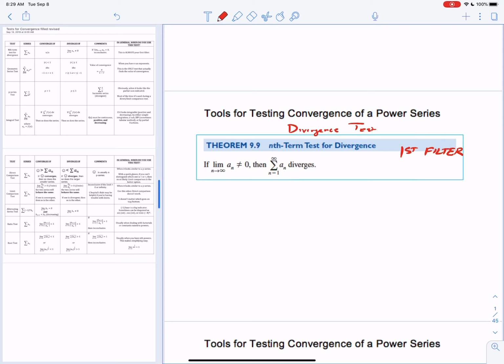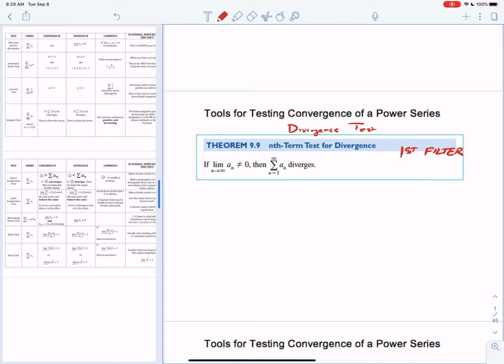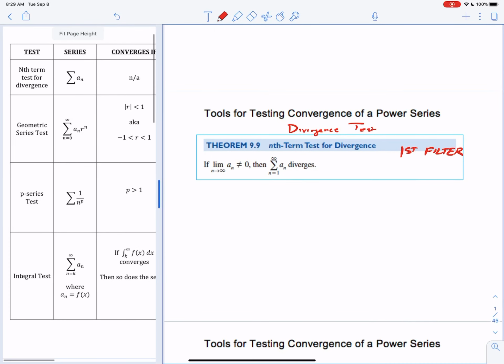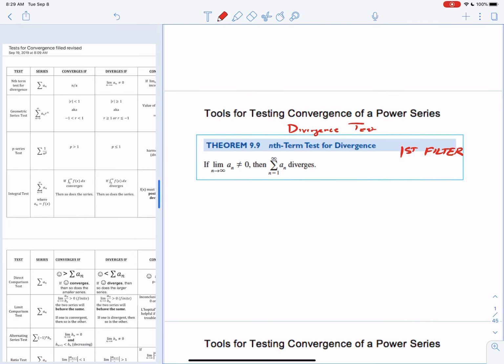Because remember, any series that diverges gives us no information. So we want to get rid of all the bad ones, okay? So this is always your first filter, meaning you always look for the divergence test first. Before you learn all these other tests over here, your very first go-to is, will it diverge, right?